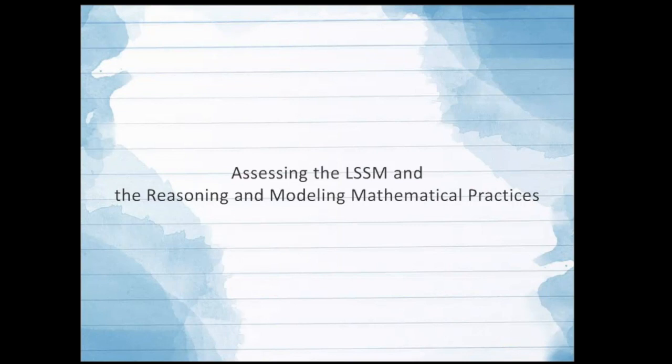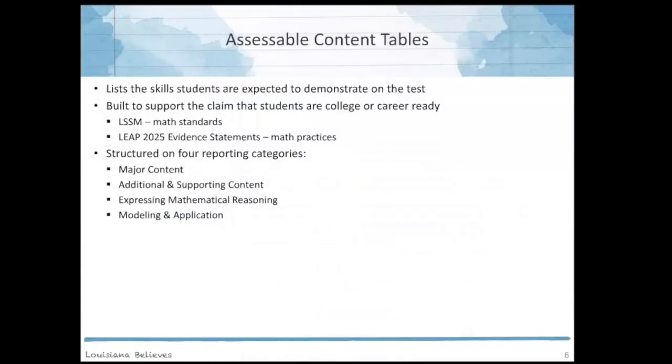So now we're looking at not only assessing the student standards for mathematics, but we're also assessing the reasoning and modeling mathematical practices in a more direct way. If you've accessed the assessment guides, you hopefully have looked at the appendix with the accessible content tables to see that not only is there a listing of math standards, but also a listing of what we call the LEAP 2025 evidence statements.